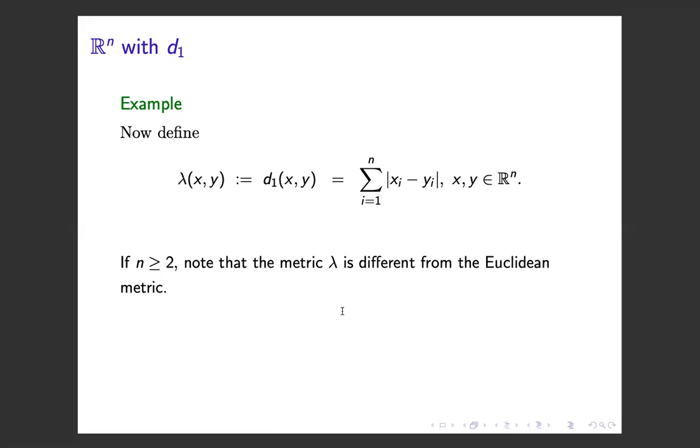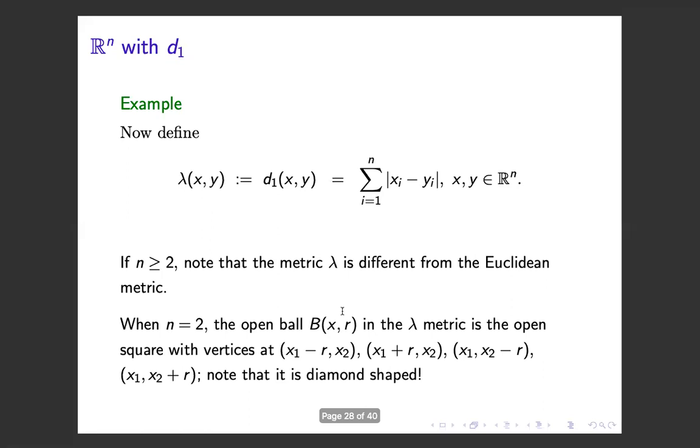This is easy to prove to be a metric, and it is different from the Euclidean metric. Why is it different? One of the reasons is mentioned here.